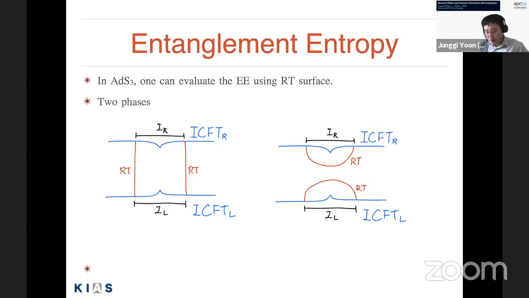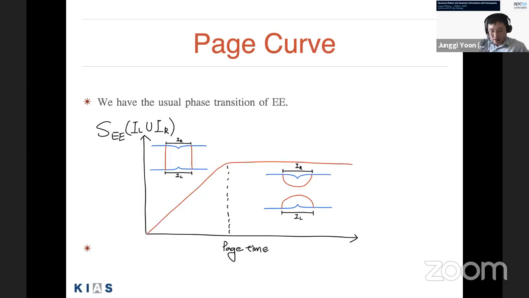There will be some phase transition between them, and this corresponds to the Page curve. Usually there is some transition between these Ryu-Takayanagi surfaces, and this gives a transition in the entanglement entropy. You can say that this is the Page curve of the eternal black hole. Previously, it was the Page curve of the evaporating black hole, but in the eternal black hole case, the entanglement entropy does not go to zero, but saturates at the thermodynamic entropy.